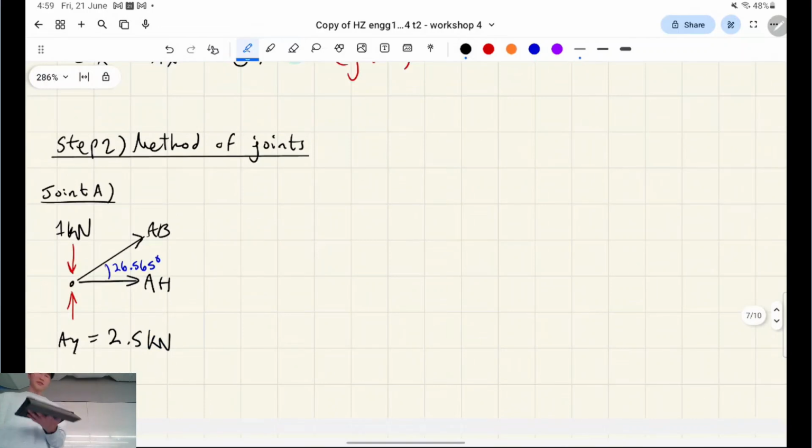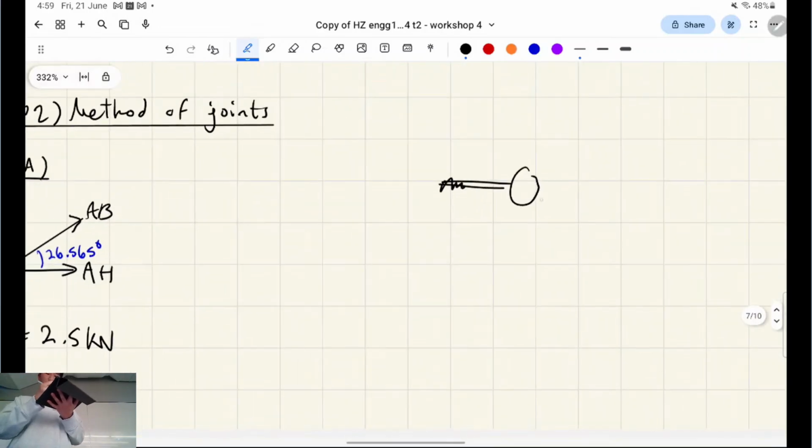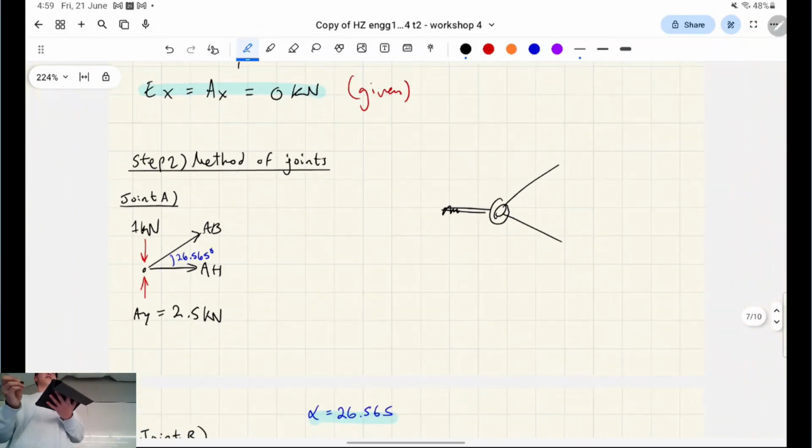Okay, so the question is now, similar to in workshop 1 when we looked at that spike going in the wall and we had the 2 ropes coming off of it, right? You can either take the sum of the forces in the x direction or the y direction, but one of them is going to give you too many unknowns to solve, okay? We're in particle equilibrium. These are the kind of choices we want to think about, right?